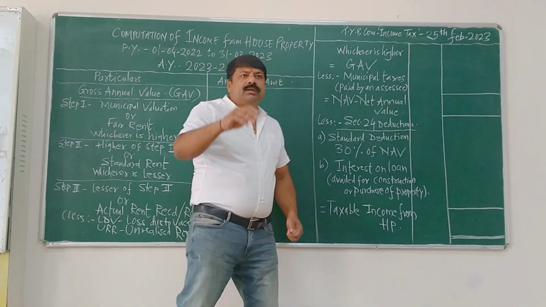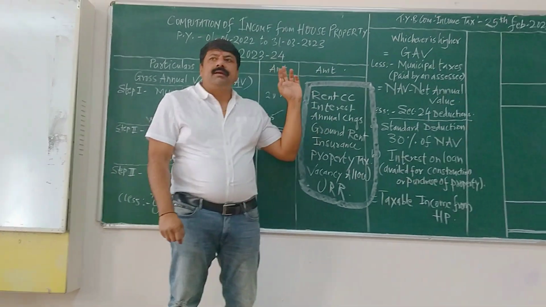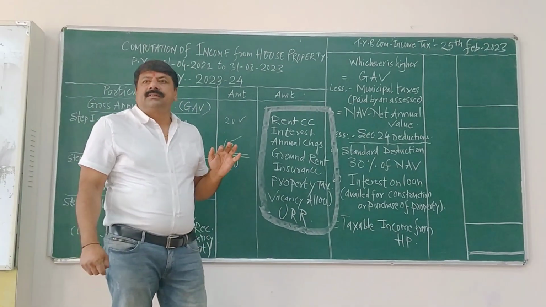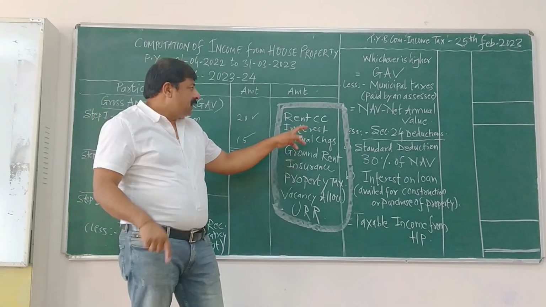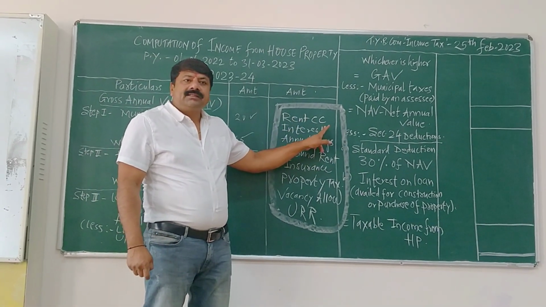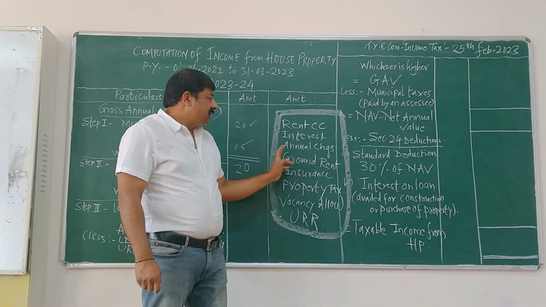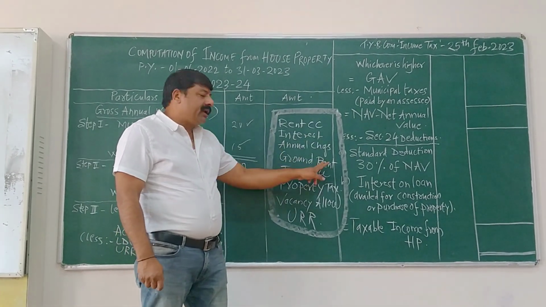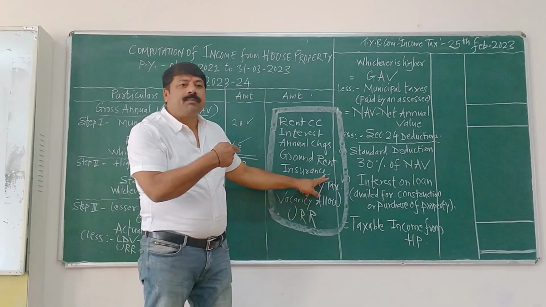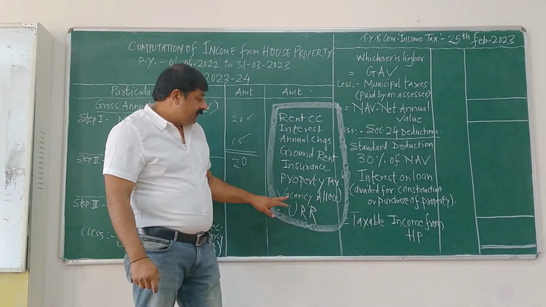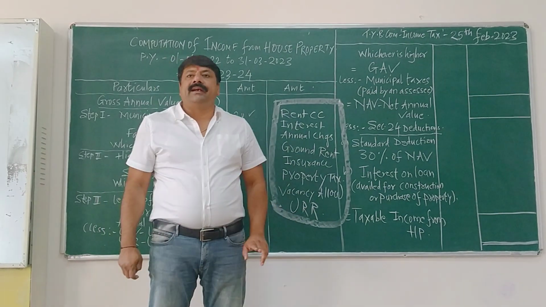Okay, now I will tell you some points. Previously, say before 12-13 years, the deductions under section 24 were given like rent collection charges, interest, annual charges, ground rent paid by the assessee, insurance premium paid by the assessee for the property, property taxes paid, vacancy allowance and unrealized rent.